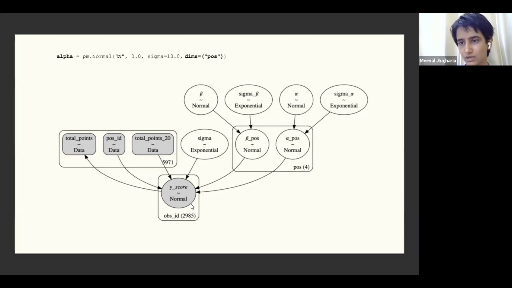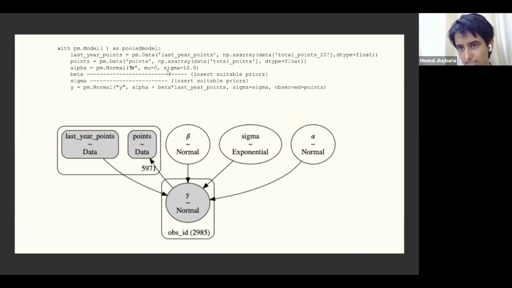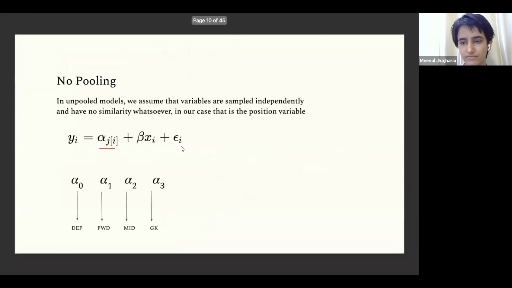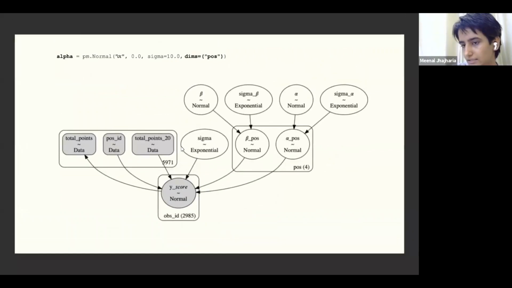Similarly, dims are just another one of those things. And we're saying, okay, we are calculating a different alpha for each of the position values. And we gave position over, okay, the coords line is not written here. It's basically you give coords as a dictionary where you encode the positions as say 0, 1, 2, and 3, each for forward, goalkeeper, defender, midfielder, whatever you're taking. So again, we have a nice little figure over here to see what's going on.